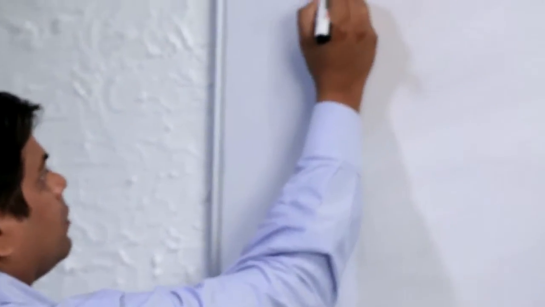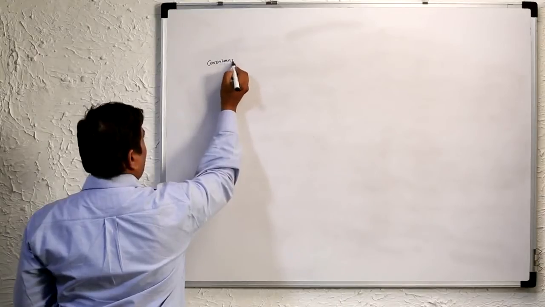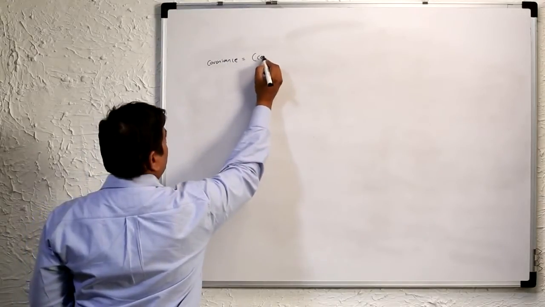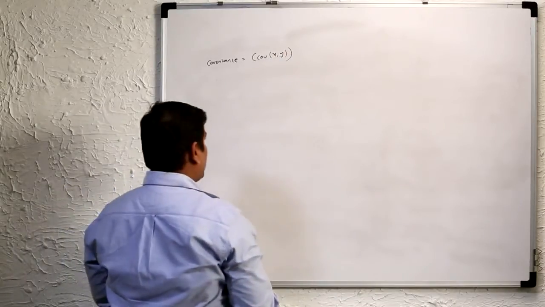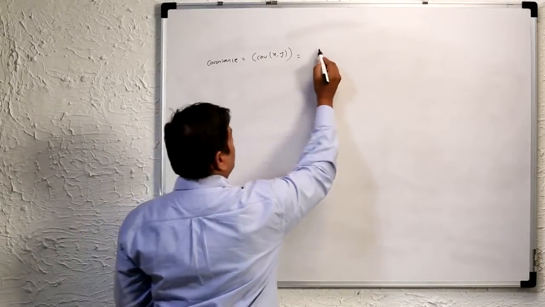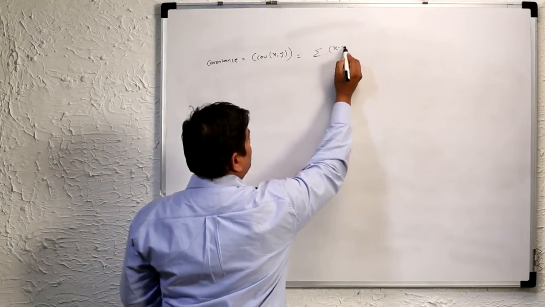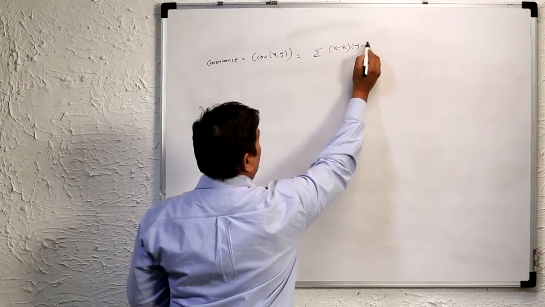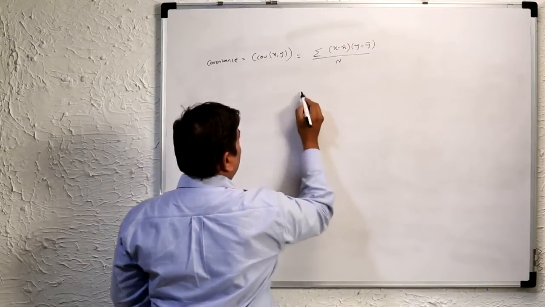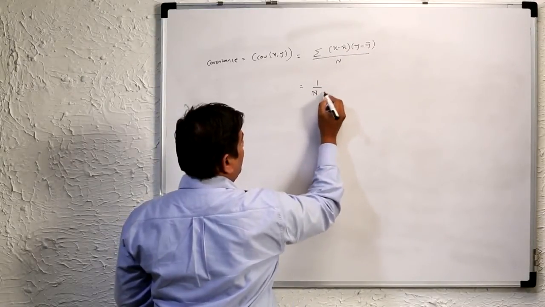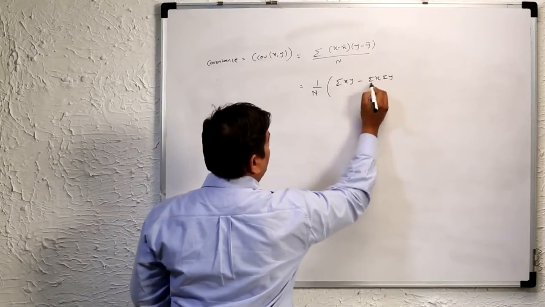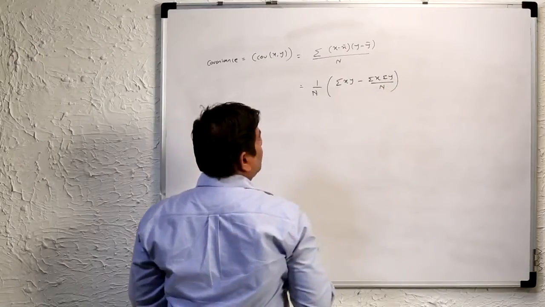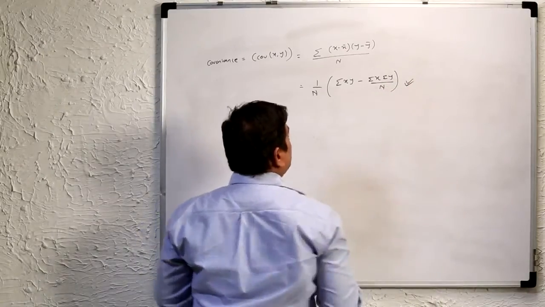The formula is summation x minus x bar, y minus y bar, the whole upon n, and there is one more formula: 1 over n, summation xy minus summation x summation y upon n. We are going to use this as the default formula.